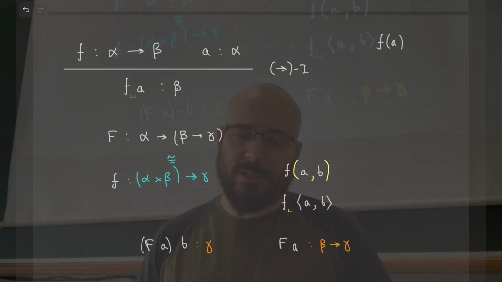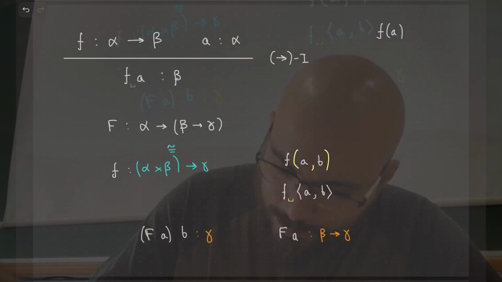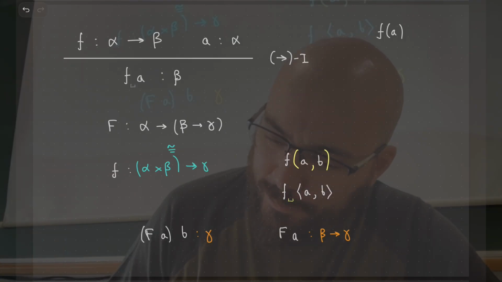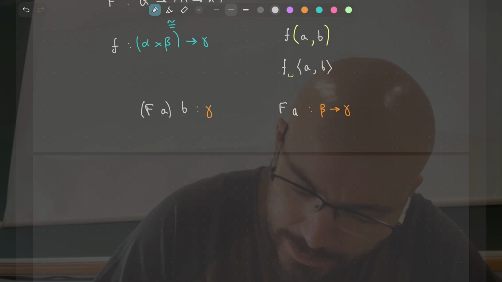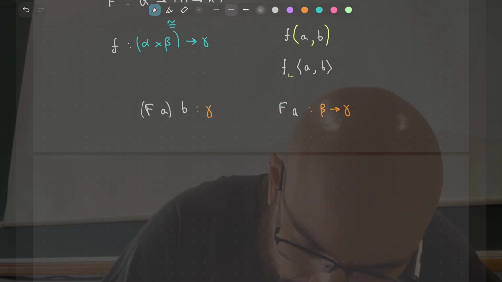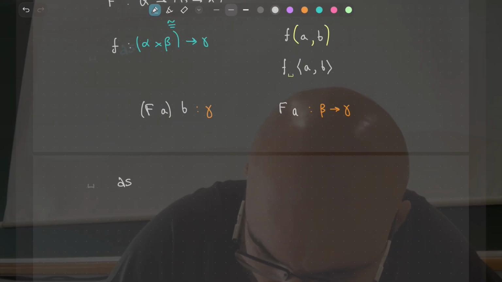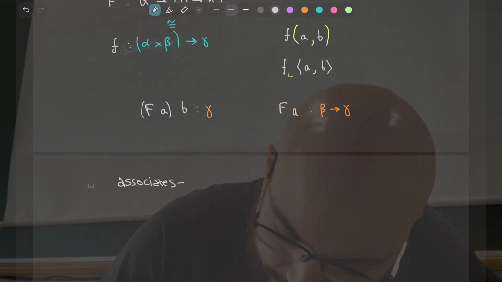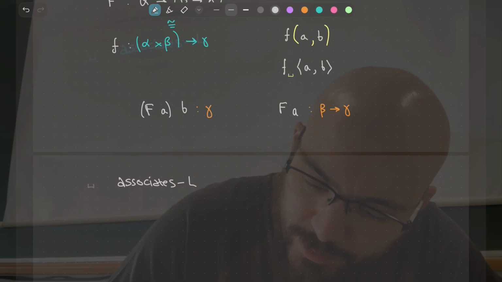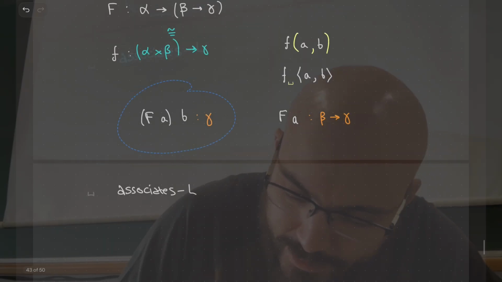Good. Okay, so we have this notation, and I want to settle some syntactic things now, some precedences, on the things we have seen so far. So this little operator here associates to the left, which means that I can write this thing here without parentheses.